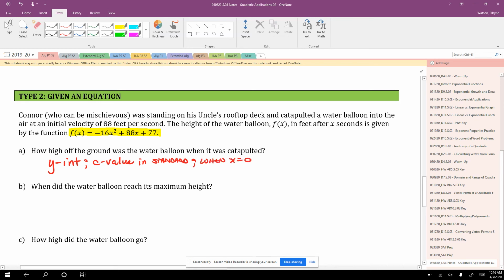Okay, so some of you guys right away might know it's 77 because that's the value of c because this is in standard form. But if you're not sure, you can always plug it in like so. So f of 0, so when x equals 0, equals negative 16, 0 squared, plus 88 times 0 plus 77. And everything is going to cancel out in the first two terms, so you get 77. So your answer here is 77 feet.